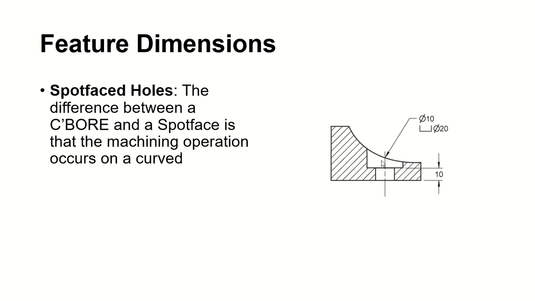And then we'll get into the spot faced holes. Look at that, it's kind of like a cutoff counterbore. So we call that a spot face hole. But the difference between a counterbore and a spot face is the machining operation. Here is a curve right there, so that is your machining on the curve.